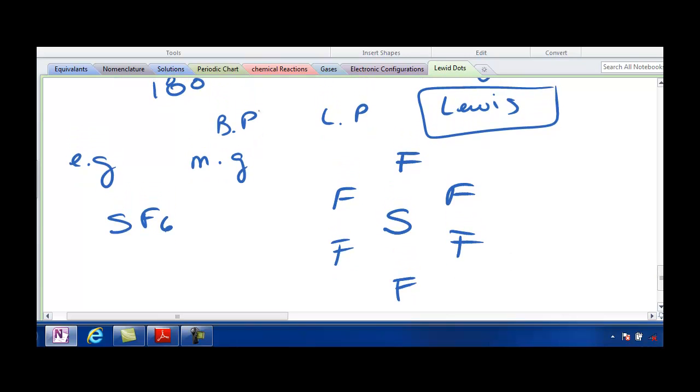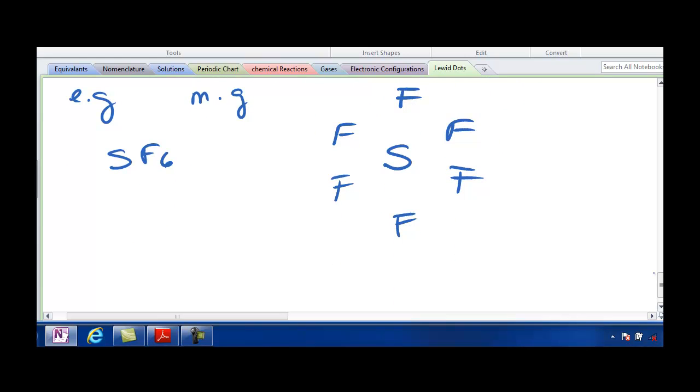How many bonding pairs? These are your bonds. How many lone pairs? So fluorine is 7, so it's 2, 4, 6, 7. Fluorine is a halogen, so it's going to share one, period.